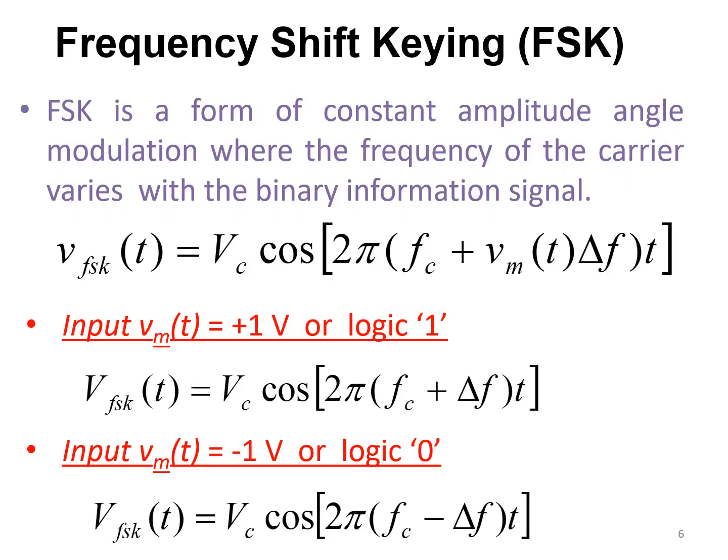Frequency shift keying is a modulation technique where the frequency of the carrier varies with the binary level of the information signal. Based on the given FSK mathematical waveform, when input Vm(t) equals positive 1 volt or logic 1, the frequency of the FSK waveform will be shifted above the carrier frequency by an amount of delta f.